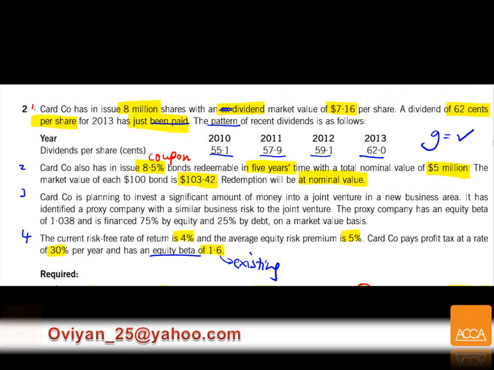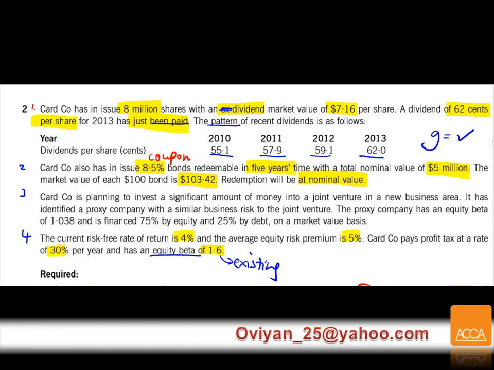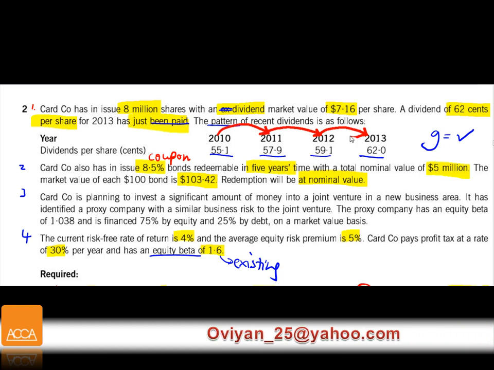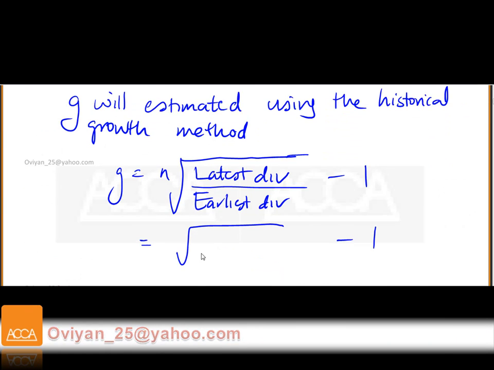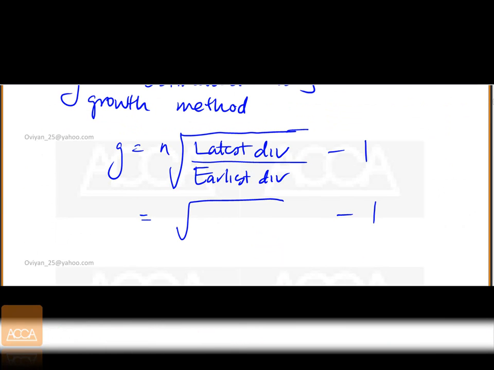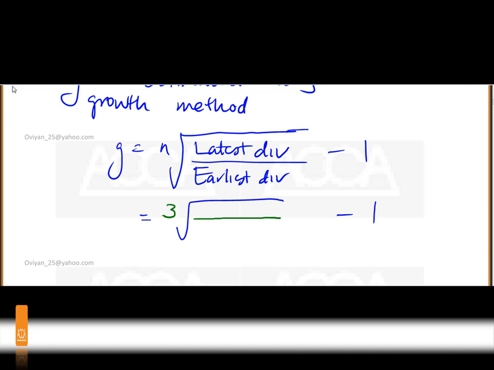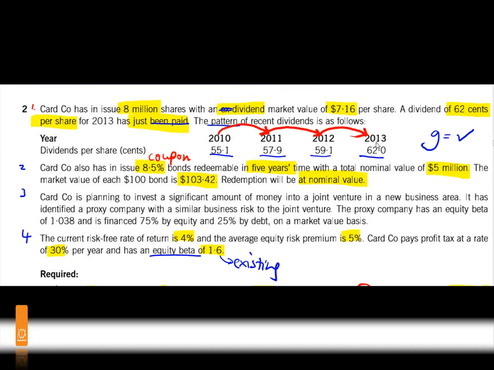Now it has 4 years of data. You've got to be very careful here. From here to here is considered 1 year of growth period. Here to here is considered 2 years of growth period. And here to here is going to be 3 years of growth period. So this is going to be 3. Latest means the new dividend. The latest one is 62 cents.